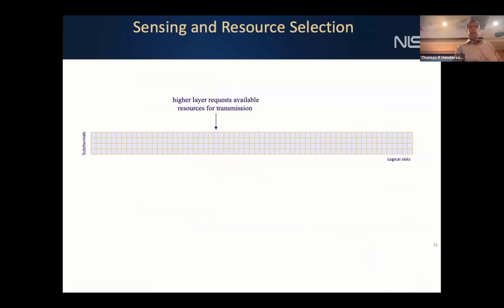This is a depiction of a slide that I actually borrowed from Richard and from a NIST presentation. So this pictorially shows what I just described. Let's assume at this time point, higher layer requests available resources for the transmission. These are the subchannels and these are the slots. These are the sensing and selection windows in this example.